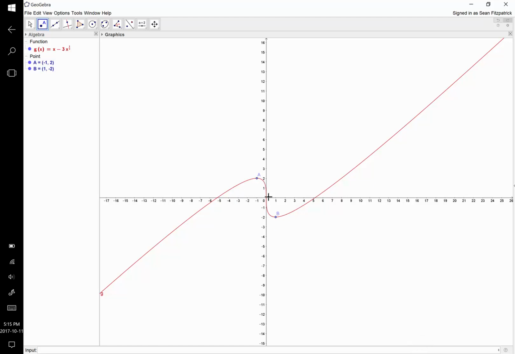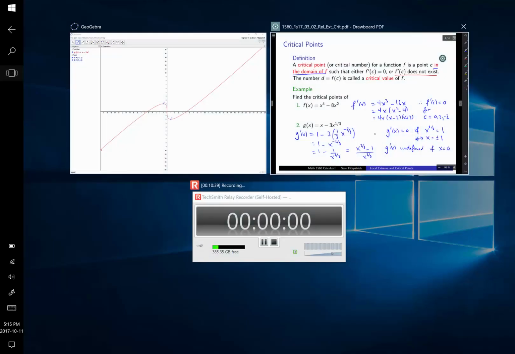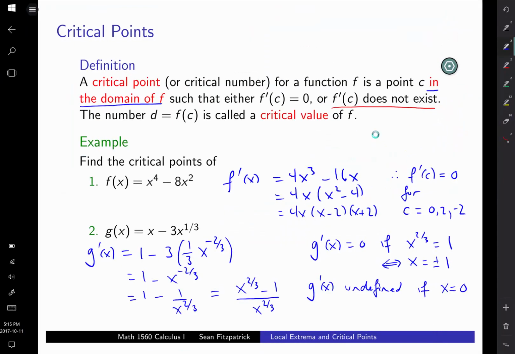So the derivative is undefined there because the slope is approaching infinity, which is not a value that we can consider, and so we have a vertical tangent line at that point. So this is one of the situations where a derivative can fail to exist. You might have a vertical tangent, and that's why the derivative is undefined.